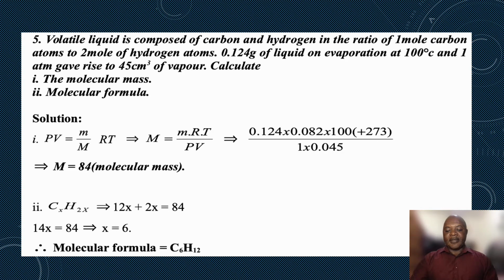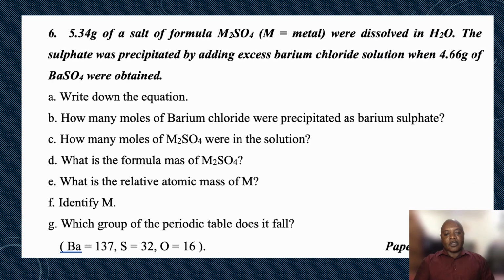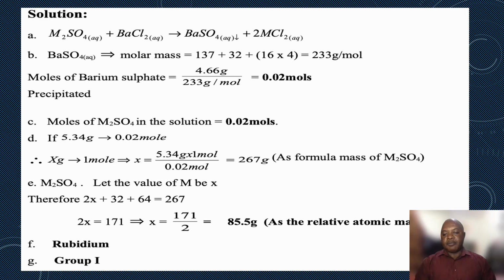Let's proceed. Identify M. M is rubidium. And which group of the periodic table does rubidium belong to? It belongs to group 1 of the periodic table.